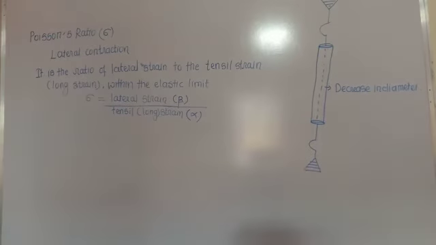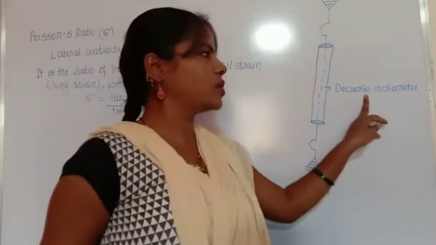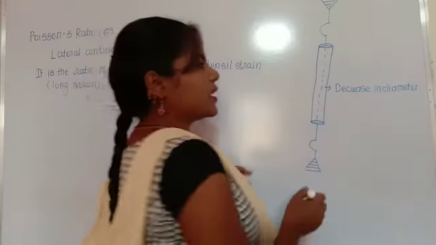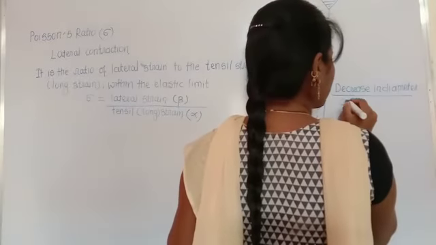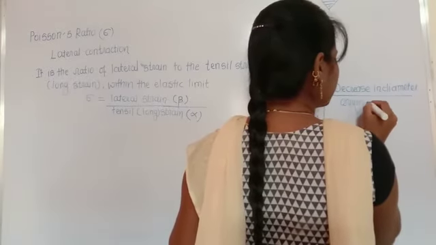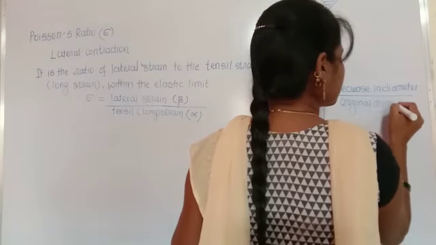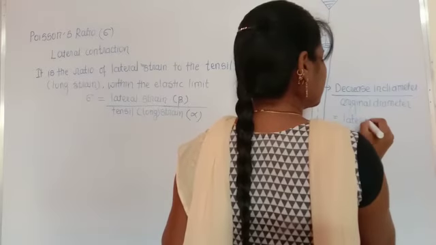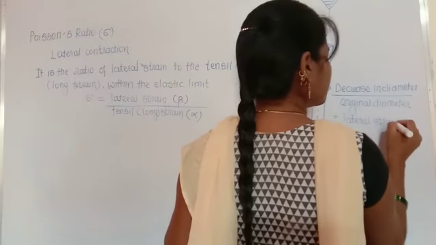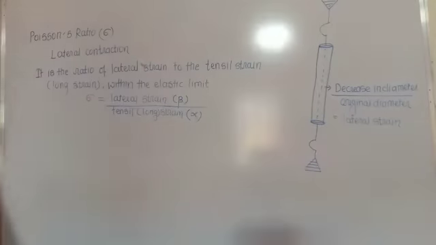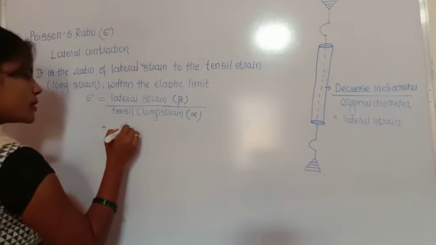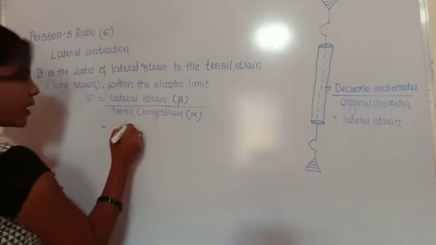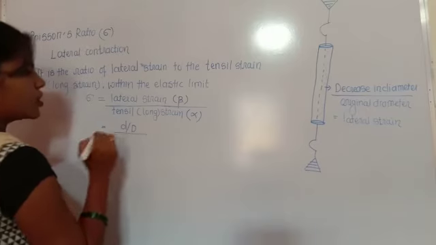Here lateral strain is nothing but the decrease in diameter to the original diameter. Let small d be the decrease in diameter and capital D the original diameter.